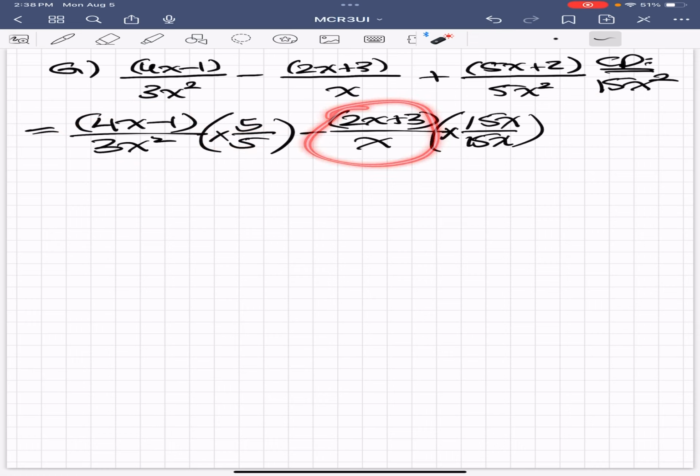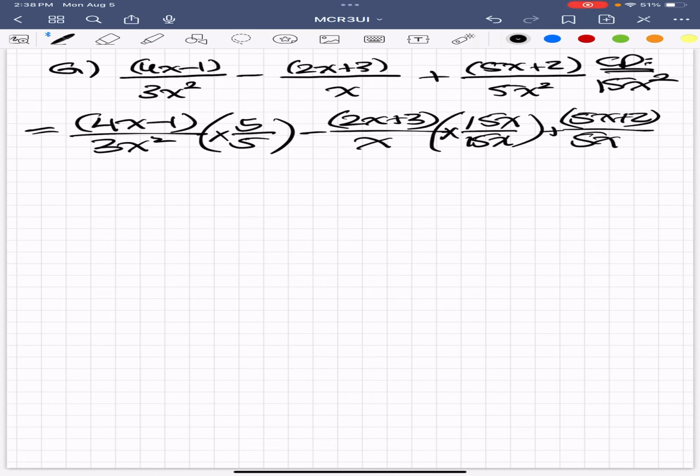I multiplied this piece by 15x over 15x. So we are left with 15x to the power of 2. And that piece we multiply it by 3 over 3 to get 15x to the power of 2.